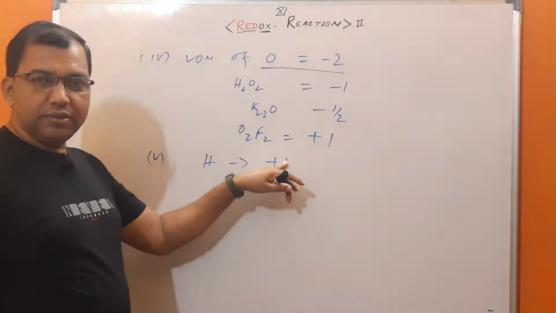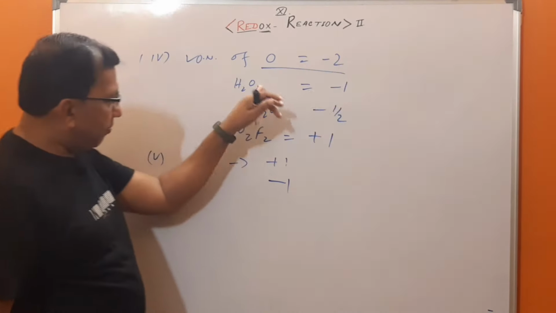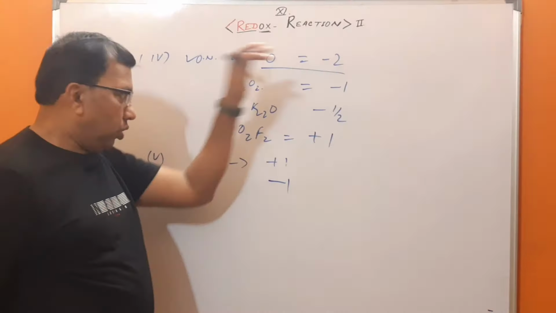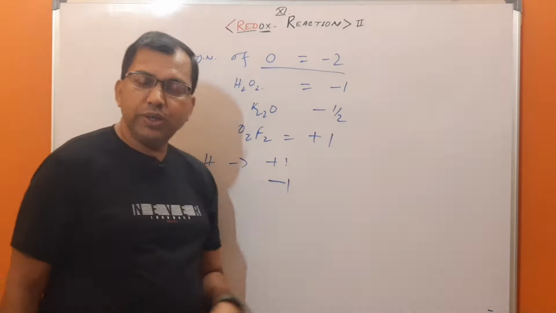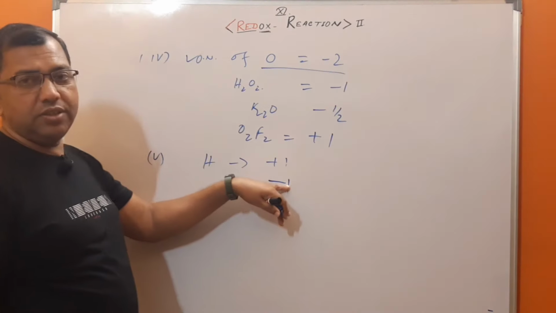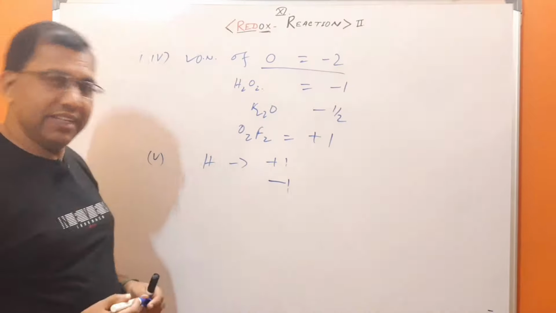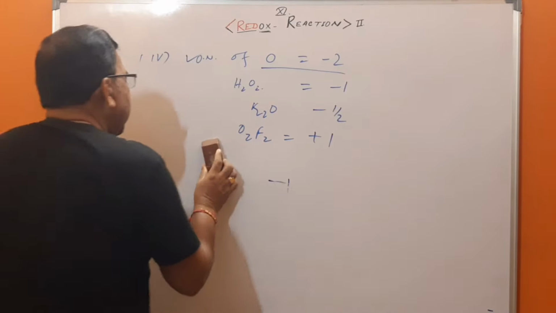Normally +1, the exception is -1. Oxygen normally -2, in peroxide -1, in superoxide -1/2, in O2F2 +1, in OF2 +2. This is the variation. You have to remember. Clear?